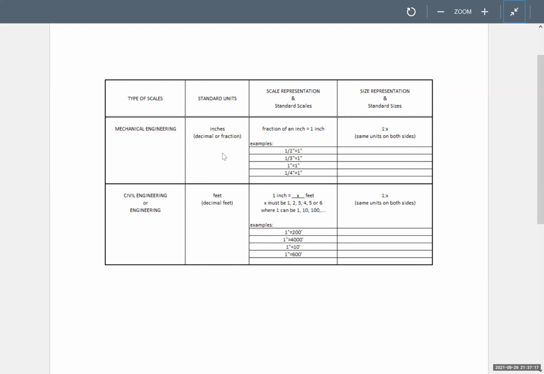Because X has to be a whole number, sometimes the size reverts to a whole number on the left. Sometimes it reverts to, let's just say, X to 1. Okay. All right, that's ME scale.